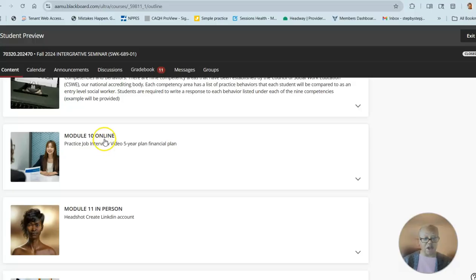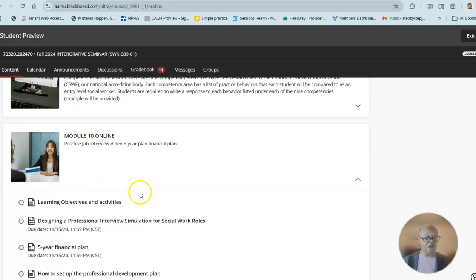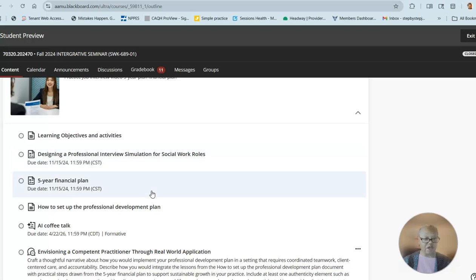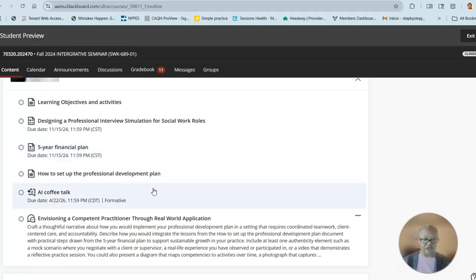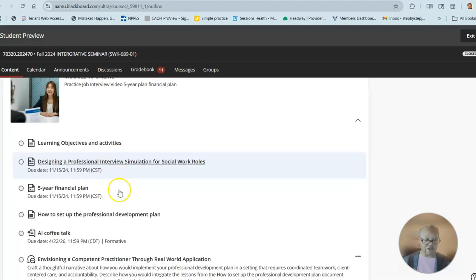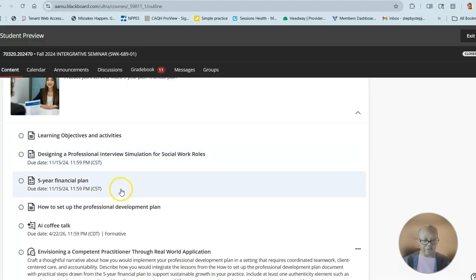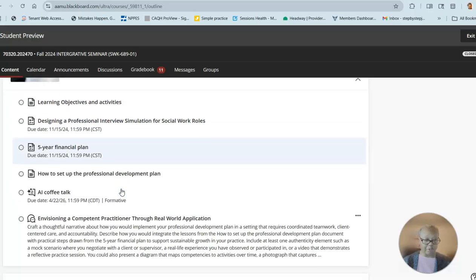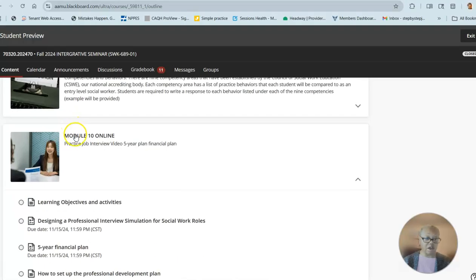Like here, you're going to have to actually do a practice interview, find a volunteer, and set up an interview that you do with questions and all of that type of thing in place. And then you upload it into the appropriate assignment.